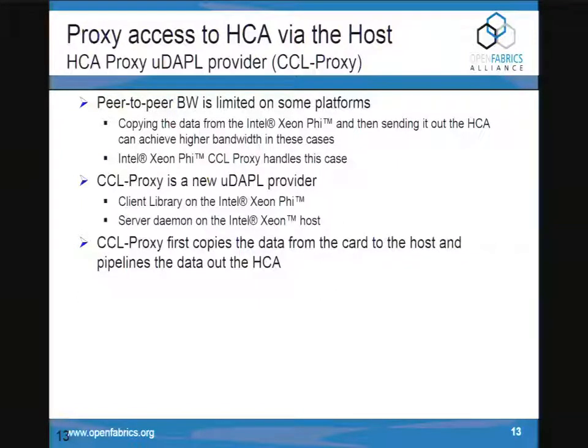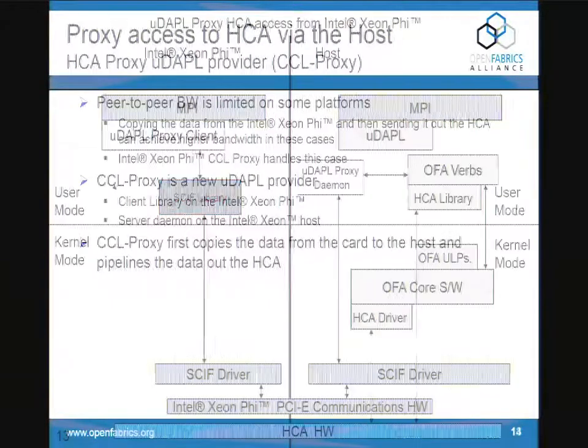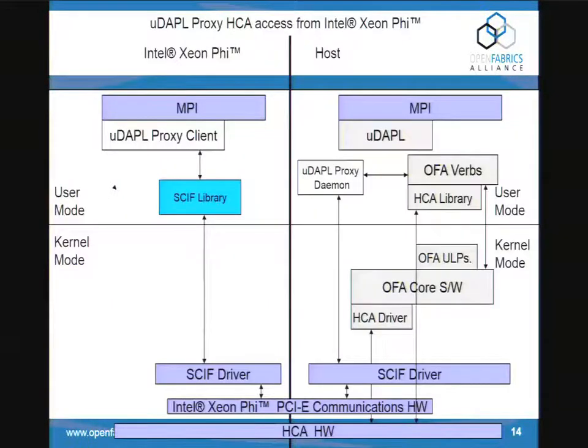As it turns out, the performance of using the DMA across that SCIF interface is actually really high. The DMA interface from the Xeon back to the InfiniBand device is really high. So we decided to implement a proxying mechanism. We did this in the context of a uDAPL provider as opposed to at the OFL level, and there were architectural reasons why we had to do that.